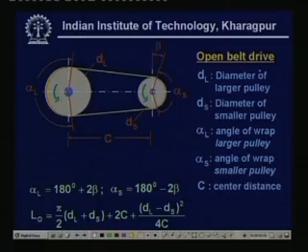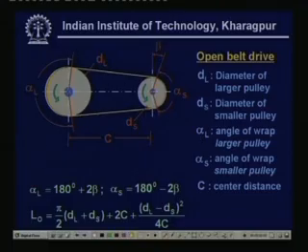Some of the nomenclatures for the open belt drive system are as follows. DL is the diameter of the larger pulley, DS is the diameter of the smaller pulley, then we have alpha L, the angle of wrap of the larger pulley.